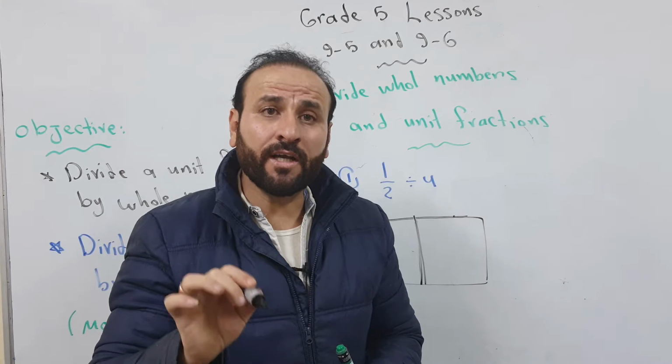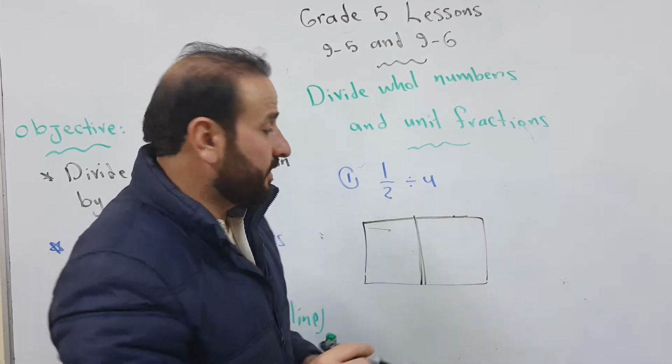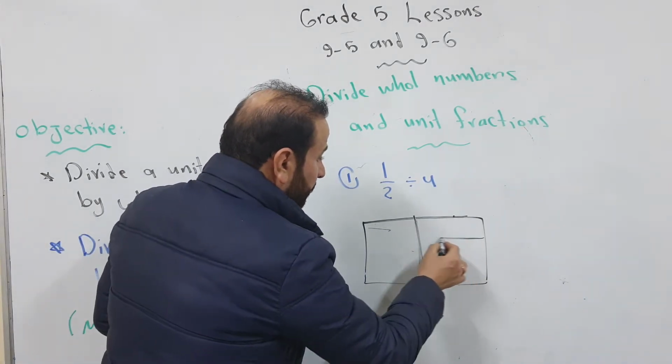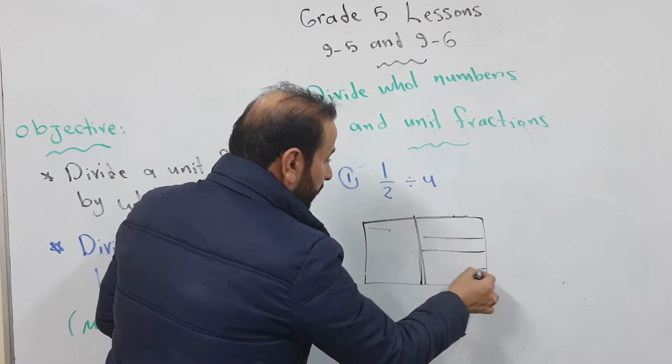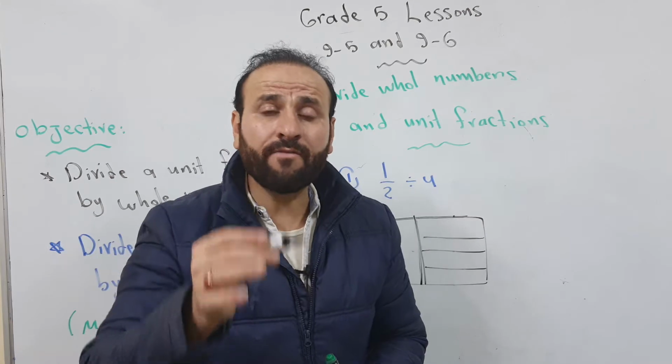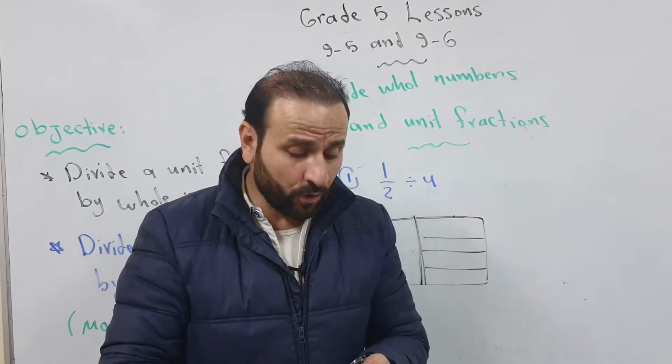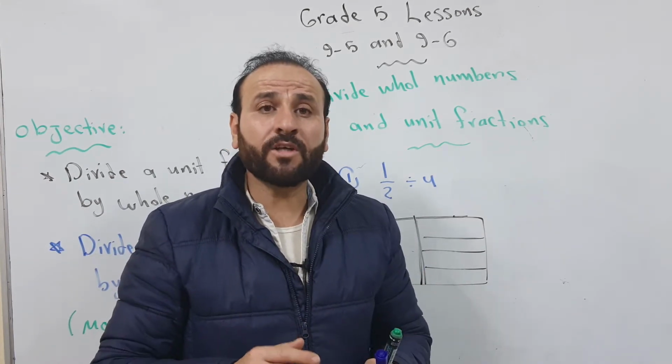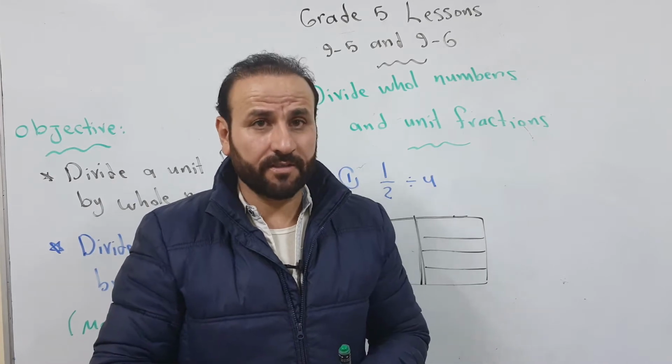Some students say half divided by 4 equals 1 over 4. Yes, it's a quarter of the half of the pizza. But when I'm talking about the whole pizza, what fraction of the whole pizza, it's different.